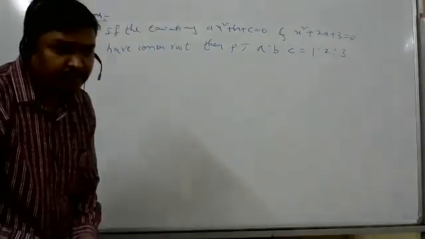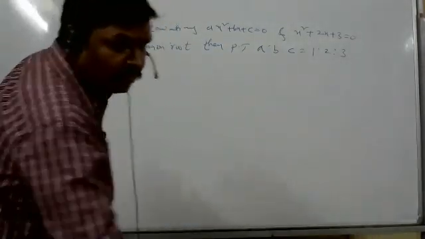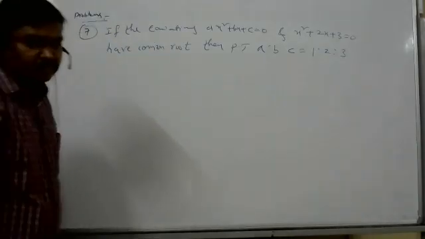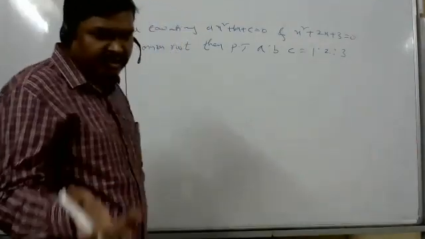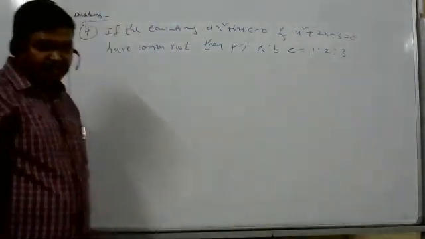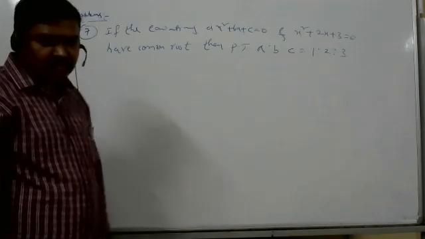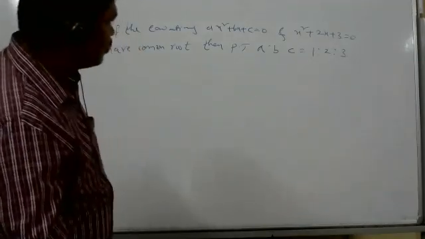I just equated both the equations and then by comparing, I proved that a is to b is to c is equal to 1 is to 2 is to 3. Teacher: a1 by a2 is equal to b1 by b2 is equal to c1 by c2. Student: No, sir, I didn't do it with that method. I equated both the equations.